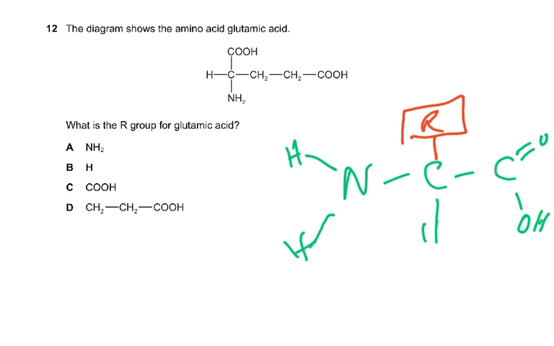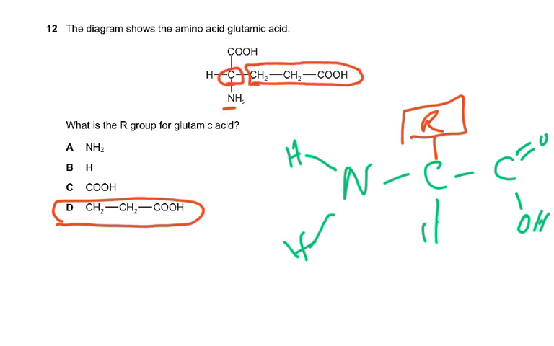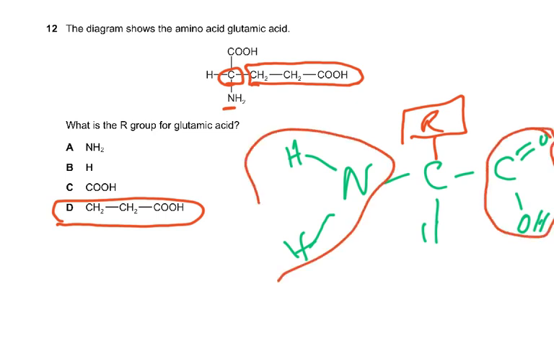So they said, what is the R group of glutamic acid? Now, very easy. The central carbon, this is N, C, this is the central carbon. So this is the R group. This is the COOH. This is the NH2. So the answer is D.